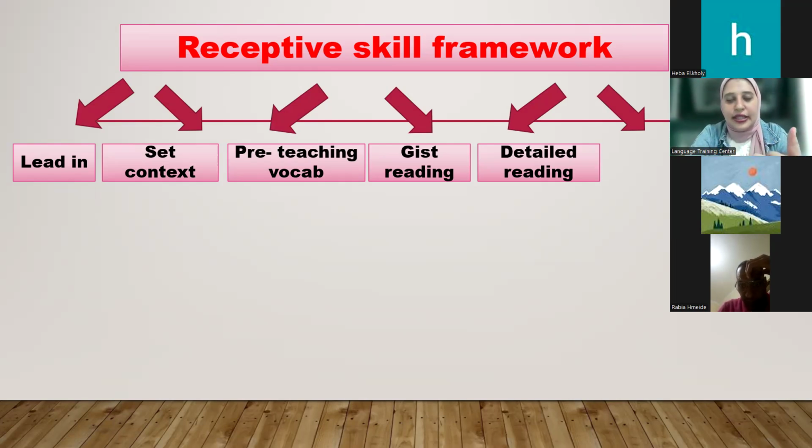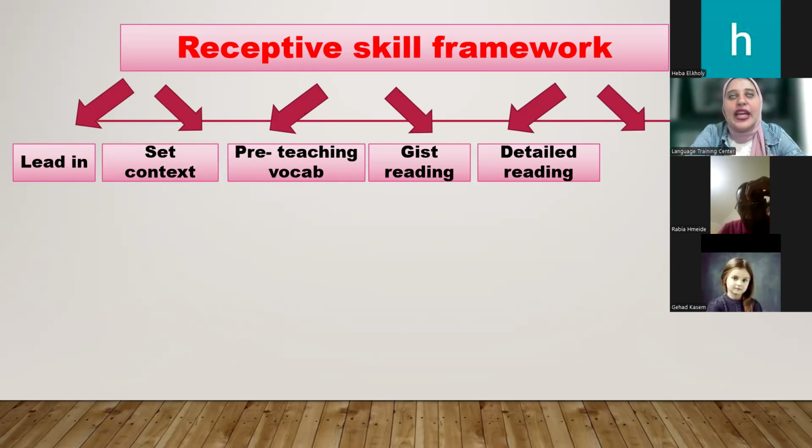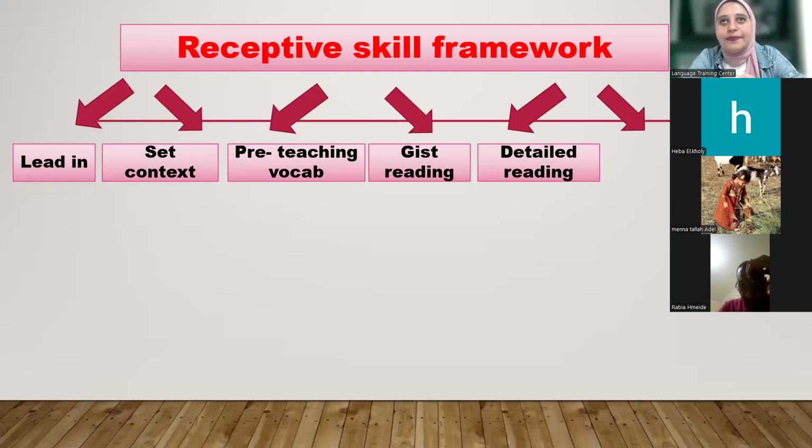For example, when I ask you, do you agree with the writer's opinion or not, and why? Will you give me the same answer as your colleague? No. So this is detailed reading, because he will give you his opinion, but specific reading has just one correct answer.